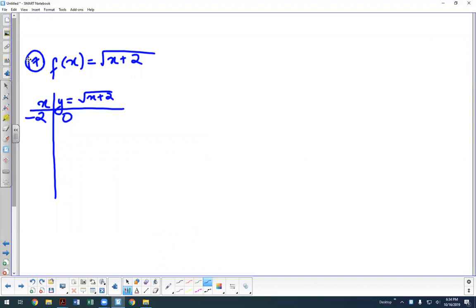What's the next number I can use? Yeah, you can use -1, which will give you, so -1 plus 2 is 1, square root of 1 is 1. Okay, good. Can I use 0? I mean, technically I can, but I'm not going to get a happy number. So what's the next happy number?